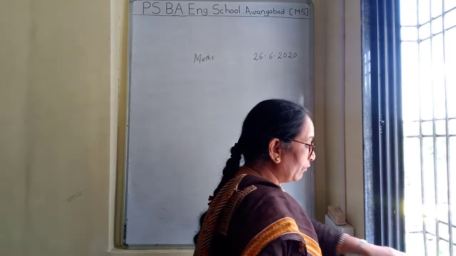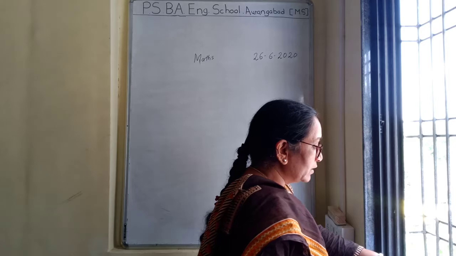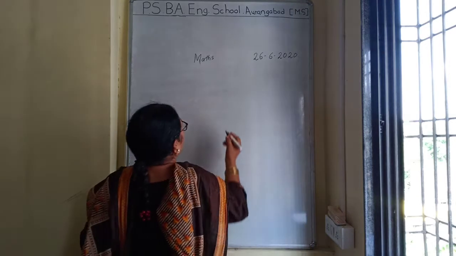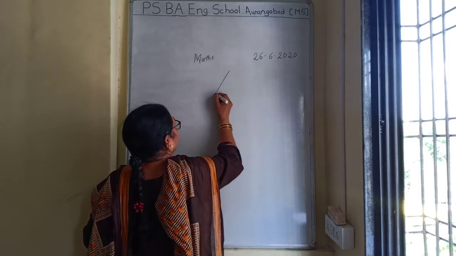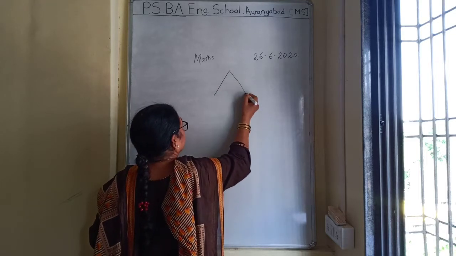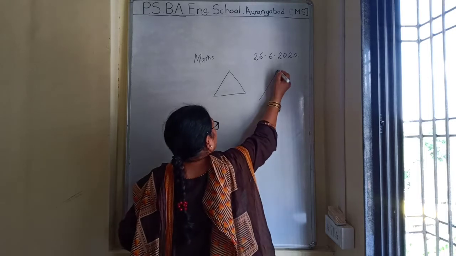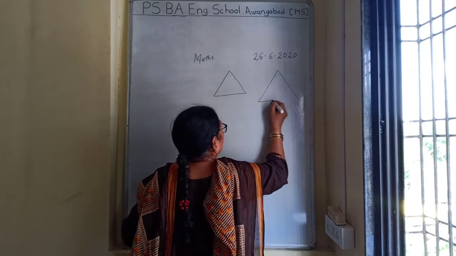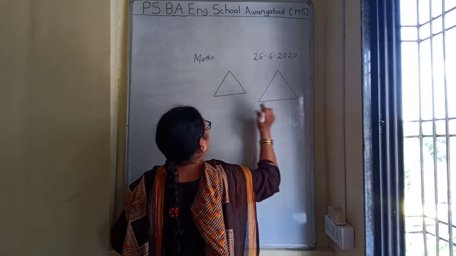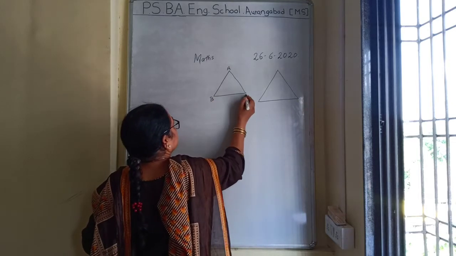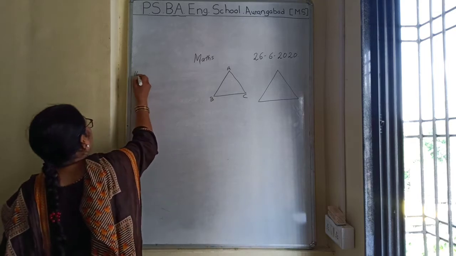Now question number 14 is having the same figure as question number 12. So draw the figure. A, B, C, question number 14 it is.